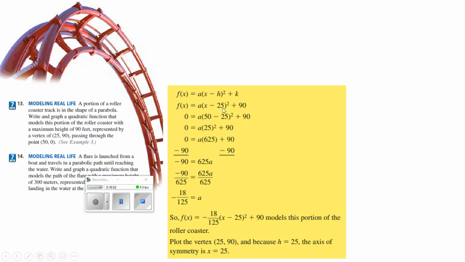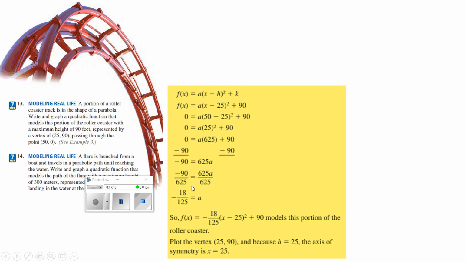So now we're going to use 50 and 0 here because it passes through there. So when x is 50, y will be 0. F of x is y, so that's 0. X is now 50. 50 minus 25 is 25. 25 squared is 625. So now we're going to subtract 90 from both sides. That gives us negative 90 equals 625a.